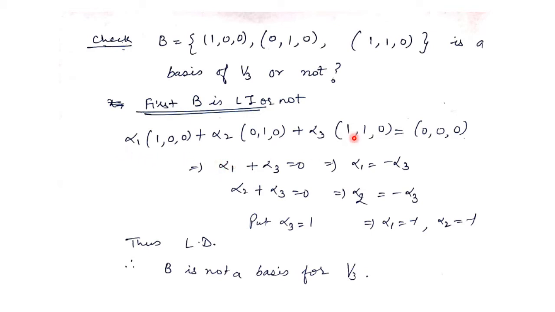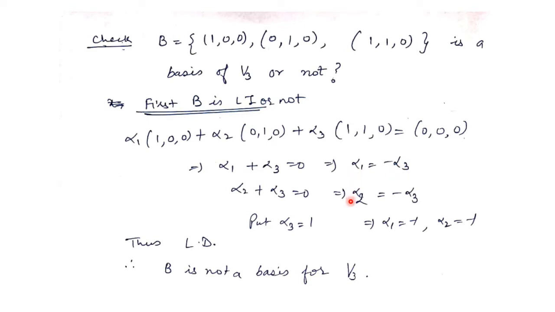From here we get alpha 1 plus alpha 3 is 0, and 0 times alpha 1 plus 1 times alpha 2 plus 1 times alpha 3 is 0, and 0, right? So we have two equations in three unknowns, so we can find the value of alpha 1 in terms of alpha 3 and alpha 2 in terms of alpha 3.